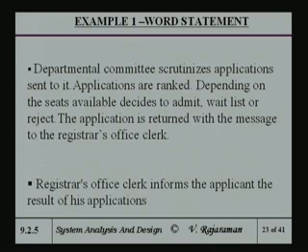The department has a committee which scrutinizes the applications. Applications are ranked. In other words, after scrutiny, finding out the marks of the student and other criteria, whatever the criteria may be, they rank order the students in terms of an admission list.